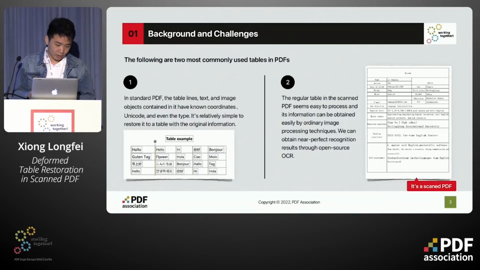On the right side of this slide, the regular table in a scanned PDF seems also easy to process, since the information can be obtained easily by ordinary image processing techniques. The table lines can be obtained through edge detection by using the OpenCV library, and the text can be detected and recognized by all kinds of open source OCR toolkits.